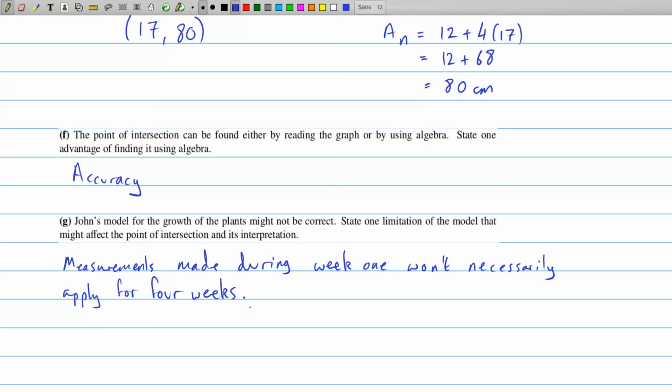He's only making his measurements at one time, so we're assuming that it's a line that's going up, but they probably only grow during the day when they're absorbing sunlight, and they probably won't grow so much overnight. So maybe it's not a straight line, but it curves up each day. So there's a couple of different limitations of the model that you can use, and any of those should get you the marks.